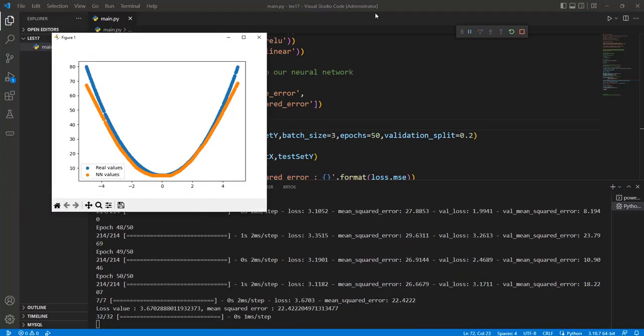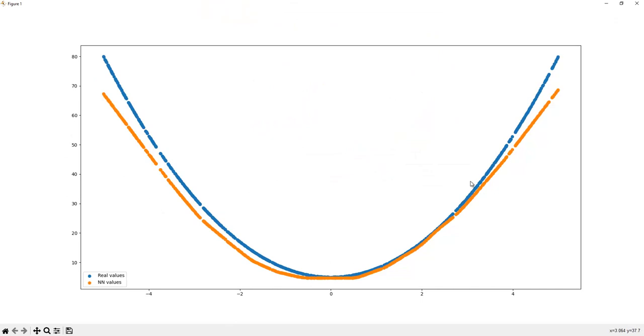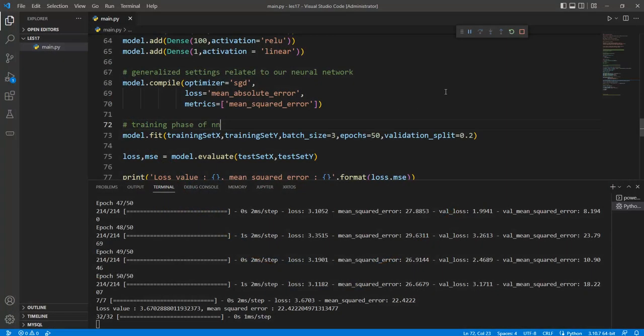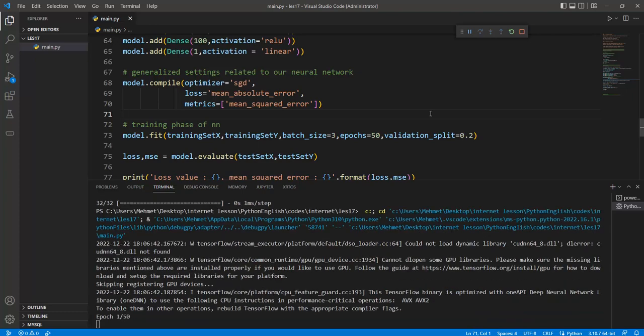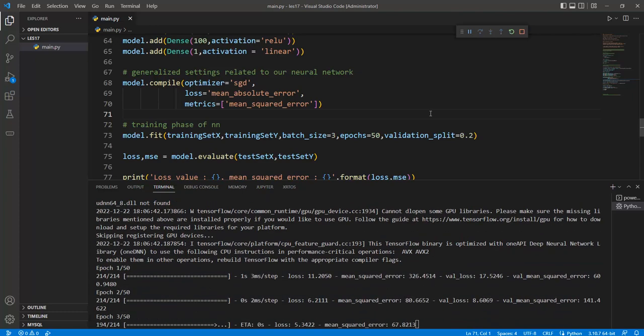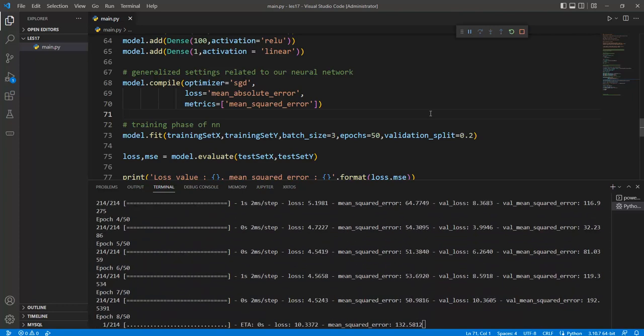In this case we don't have any improvements, but if we rerun again with the same condition, we may have a different answer or different results, because in each iteration our algorithm starts at a different position.